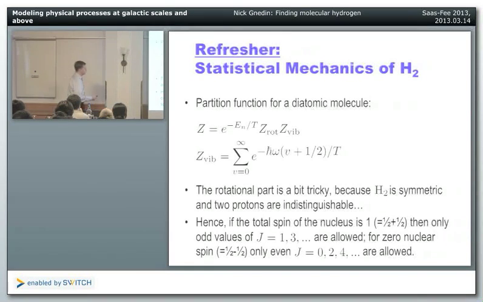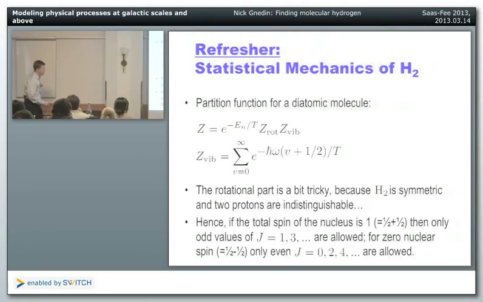So the vibrational part is actually very easy. It's just the sum of all vibrational levels, e to the minus h omega times v, where v is the vibrational quantum number, over temperature, and I use energy units for temperature to forget about kB. So the rotational part is actually quite tricky because H2 is a symmetric molecule, and in quantum mechanics you know that 2 protons are indistinguishable, right? So if you have an H2 molecule and you flip it like this, you cannot distinguish these states from that one, right? They're completely indistinguishable.